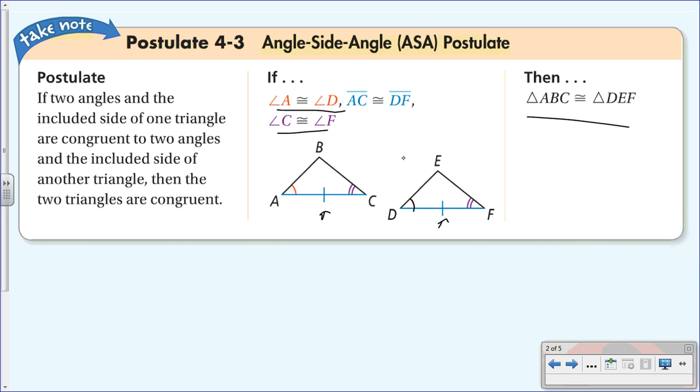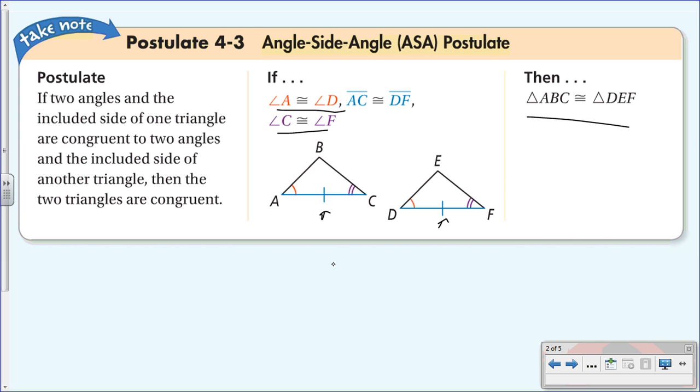Now, the important thing with the angle side angle postulate, just like the side angle side postulate, well, similar, not exactly alike, is that the side has to be the side included between the two angles. If you use angle A and angle C, you have to use this side of this triangle. You cannot use side AB or BC. It has to be the included side.